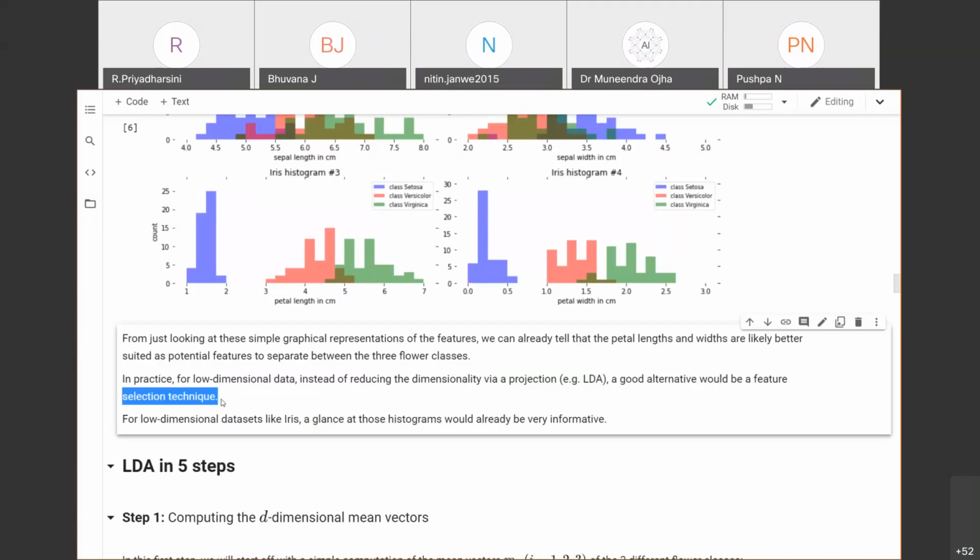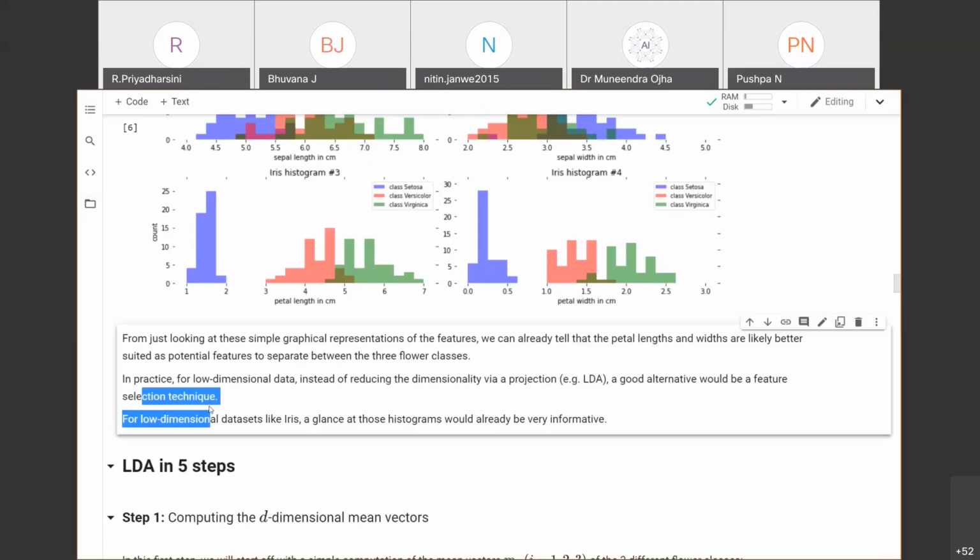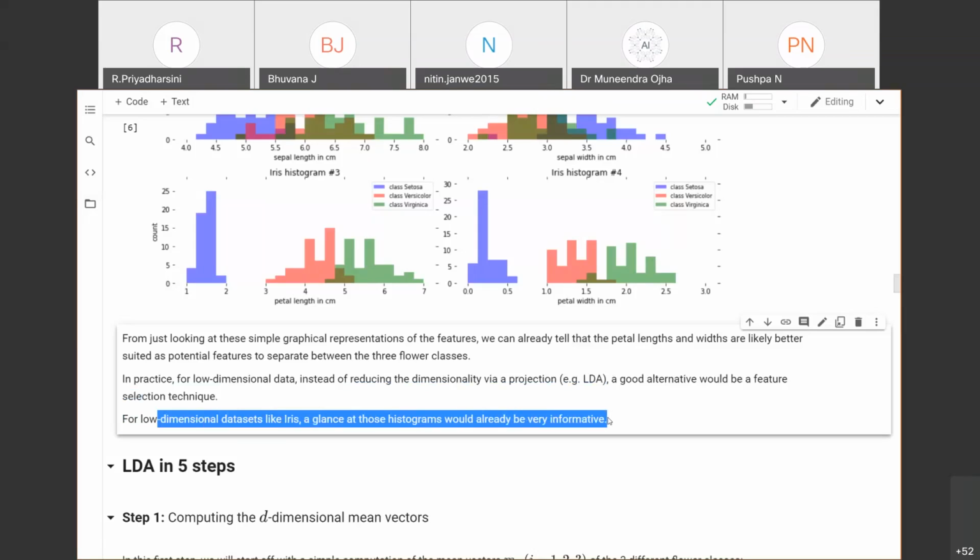This is a professional suggestion. For a low dimensional data set like iris, a glance at those histograms would already be very informative.